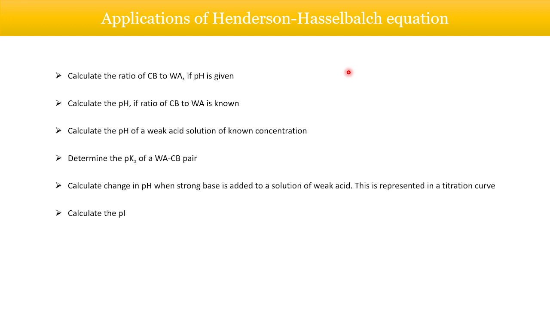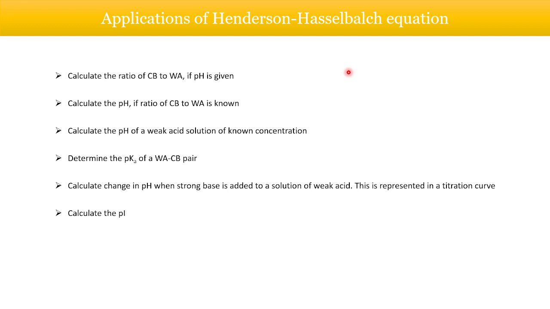Regarding this equation, you can expect a few good questions in your assignments as well as in your exams. It's a very important equation. You would be given the pKa, because the pKa value is a standard quantity and is known.